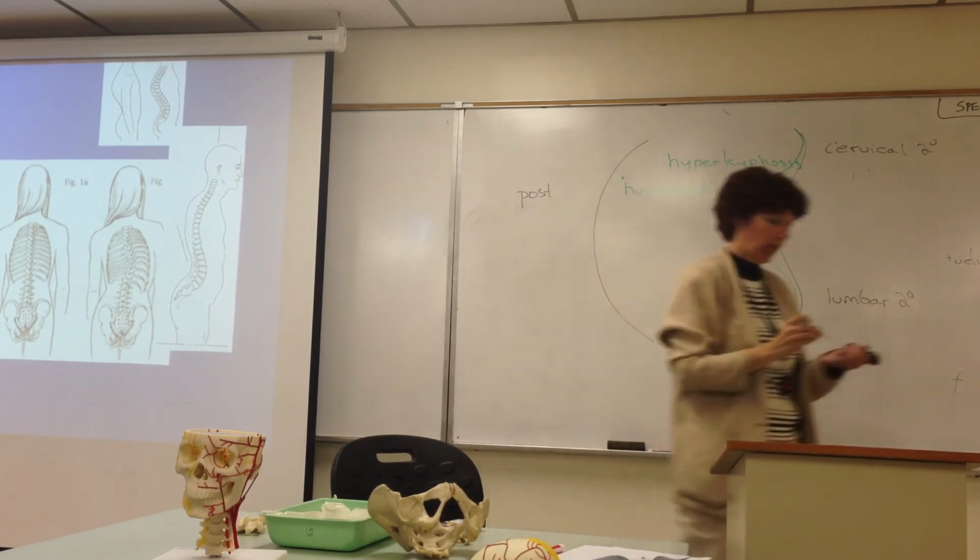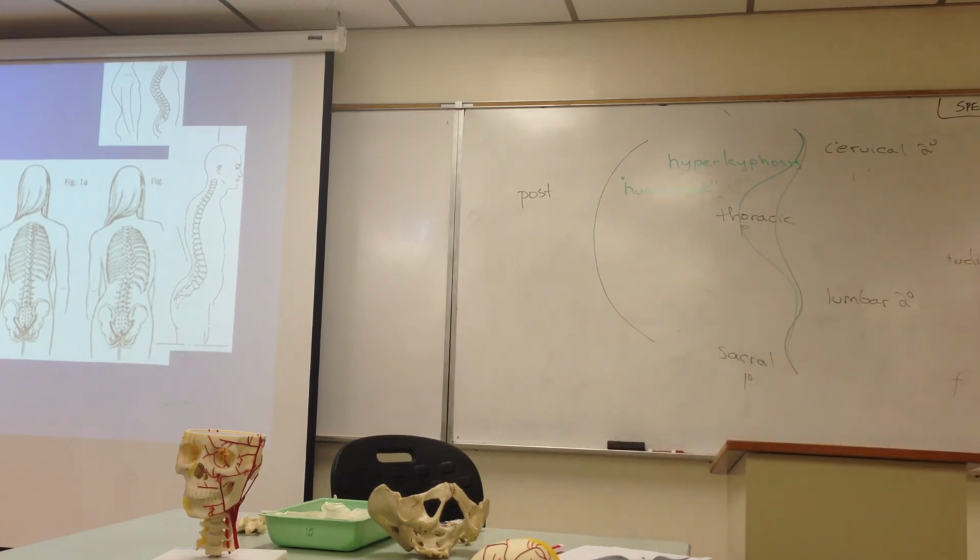I had a cadaver for my students when I was teaching at Napa Valley College 20 years ago, in which the hyperkyphosis was given as one of 2 causes of death. So the death certificate read pneumonia secondary to hyperkyphosis.